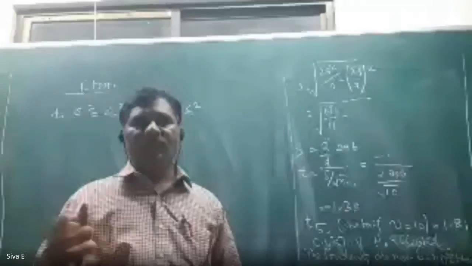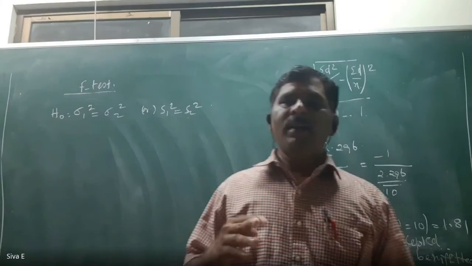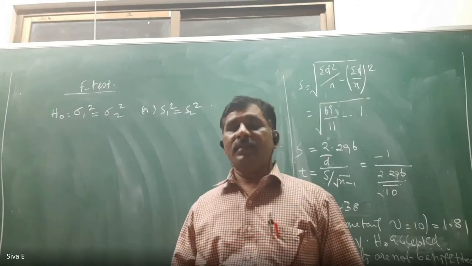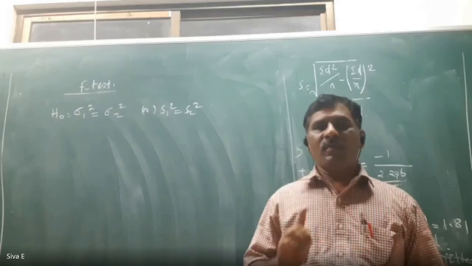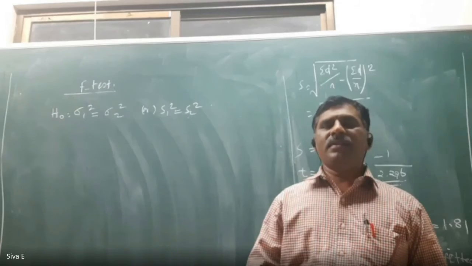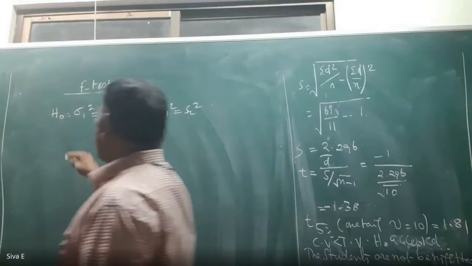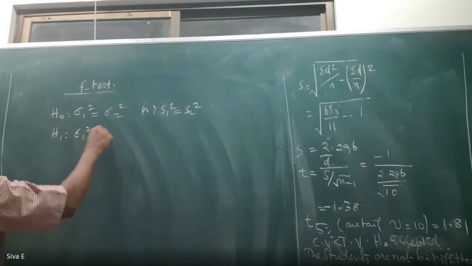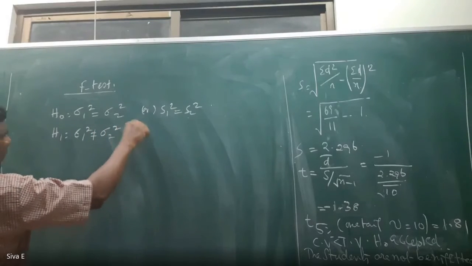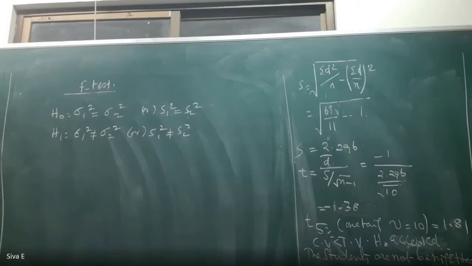Then you have to use the two tail. And one more thing, there is no one tail in the F-test. Only two tail test is there. H1 is sigma 1 square is not equal to sigma 2 square, or S1 square is not equal to S2 square.